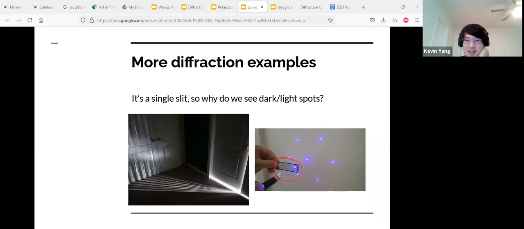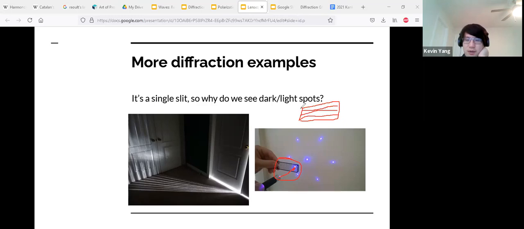We're shining a laser through this grating. This is a diffraction grating. A diffraction grating is just a piece of plastic or whatever that has a whole bunch of little slits in it, right?